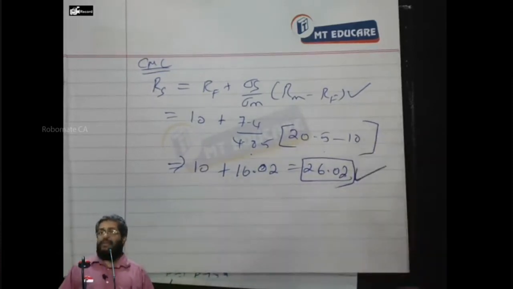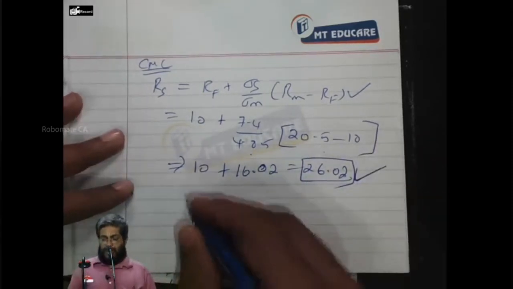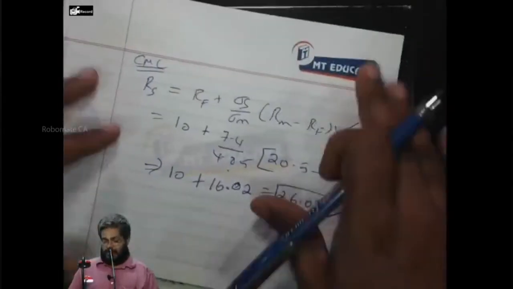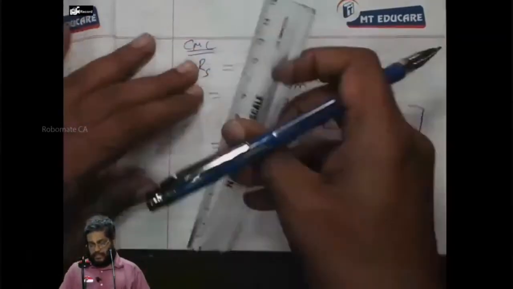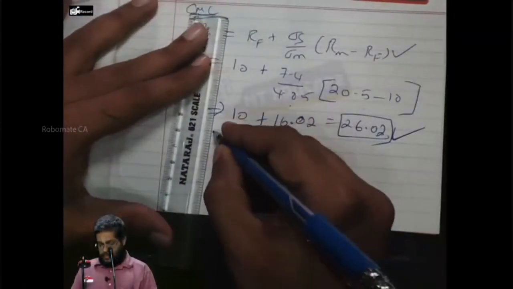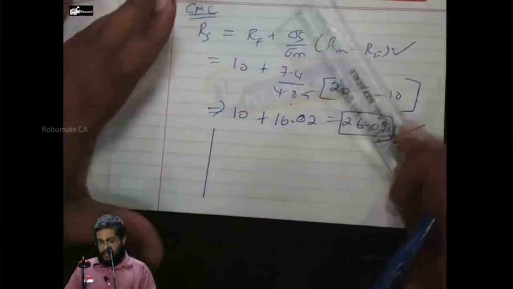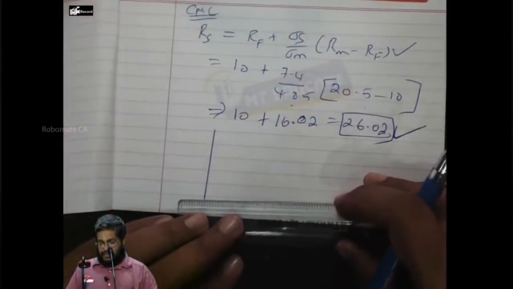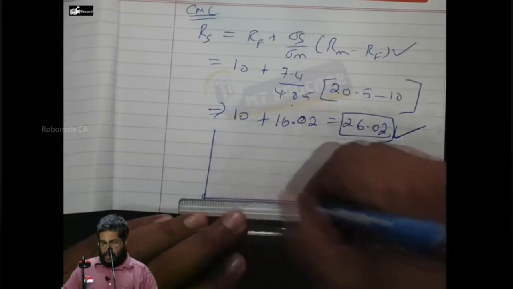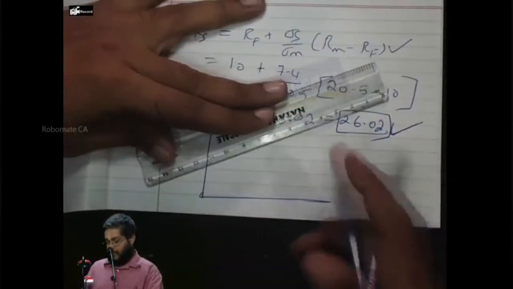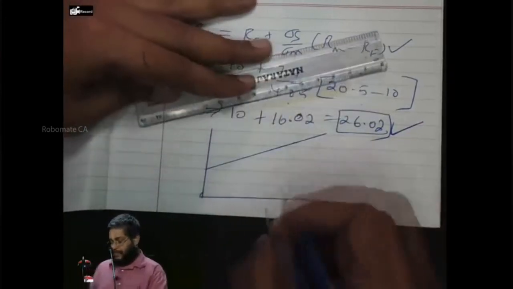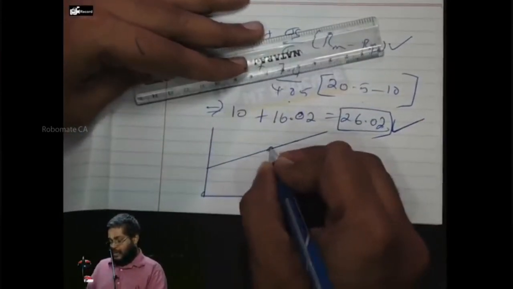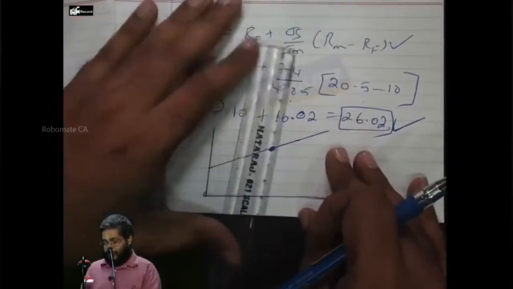Now, if you want, you can also draw a small diagram for this CML. Please draw along with me. This is called the market portfolio.